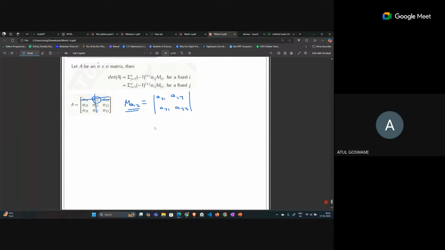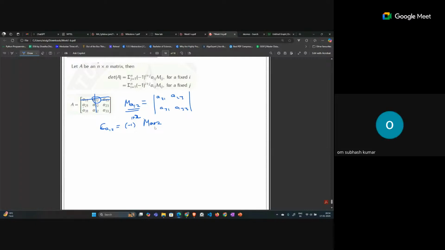This is the minor. And the cofactor of A12 is minus 1 to the power 1 plus 2, times the minor of A12. Is that clear?